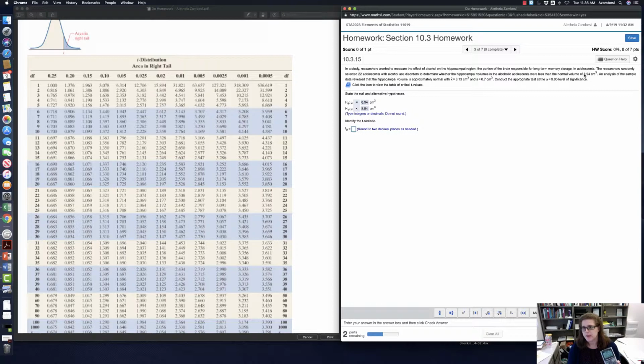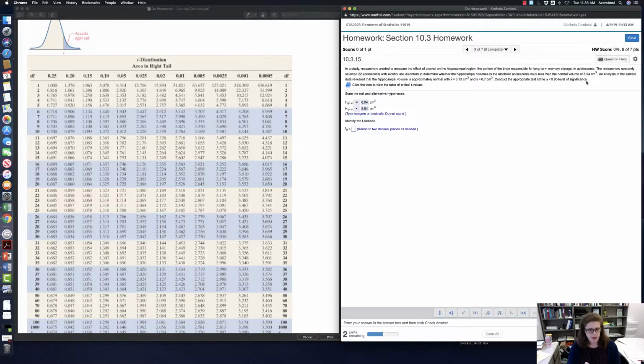Mu sub 0 is the value that you're testing against, so 8.94 in this case. My X bar is equal to 8.13. My sample standard deviation, 0.7. My sample size N is 22. And I'm testing a less than test.